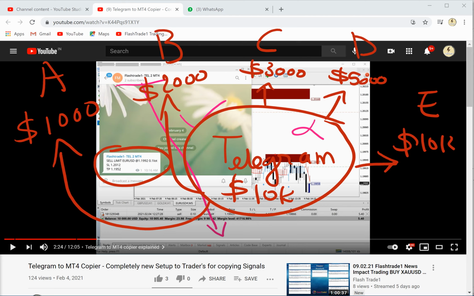Here I have sent the signal keeping in mind the base capital of $10,000, as the lot size is attached as per the $10,000, but clients A, B, C, D have capital of 1,000, 2,000, 3,000 and 5,000. So the lot size will be changed automatically as per the client's capital.